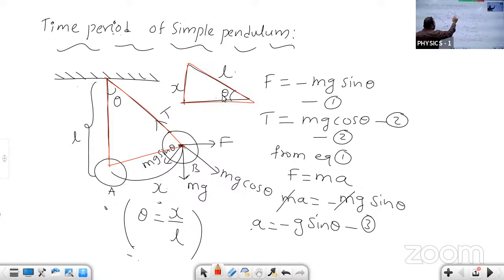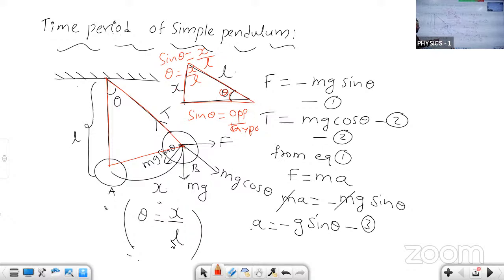Here theta; theta is quite opposite x, here L. Sin theta equals opposite side by hypotenuse, so sin theta equals opposite side x by hypotenuse L. This is why we write theta equals x by L. Mathematically, angle equals arc per length, x by length L. Theta equals x by L. X stands for displacement. L is the length of the simple pendulum.